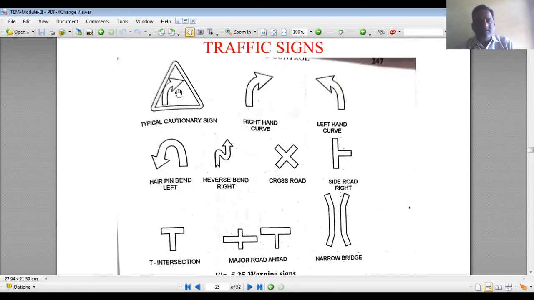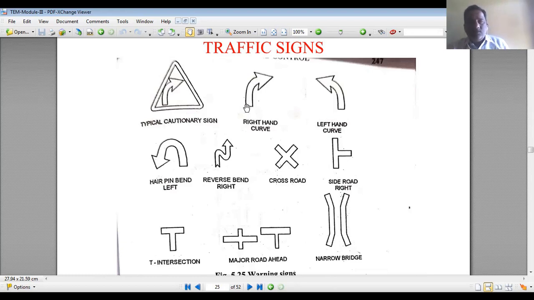A typical cautionary sign will be like this: equilateral triangular shape, apex pointing upwards. For all these sign symbols, we are not providing the equilateral triangle, but we have to assume that it is provided. So in this equilateral triangle with apex upwards, the sign should be shown. For every sign, you have to provide this equilateral triangular shape.